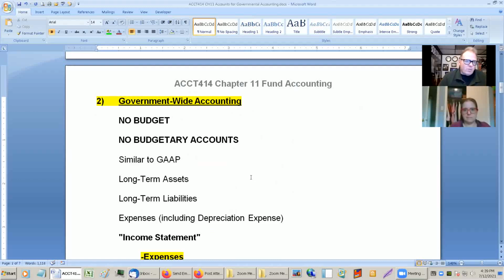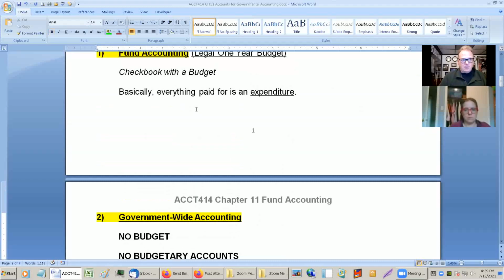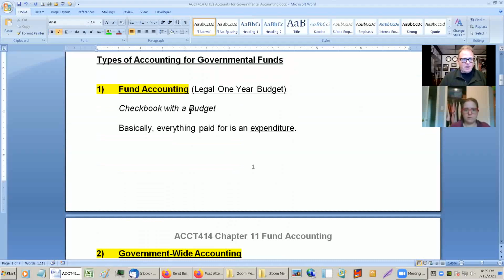Government-wide accounting has no budget, no budgetary accounts. Fund accounting does. Fund accounting has a legal requirement to have a budget.